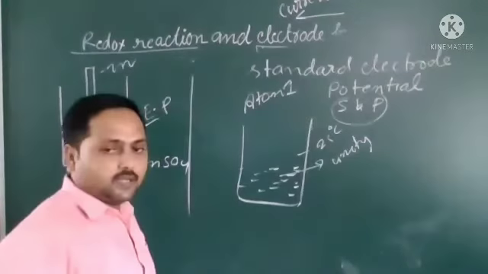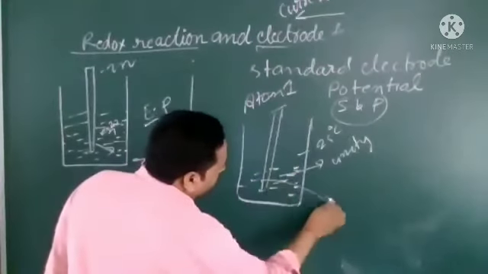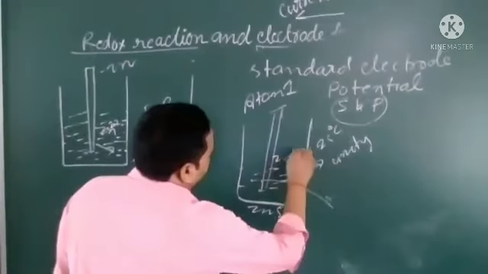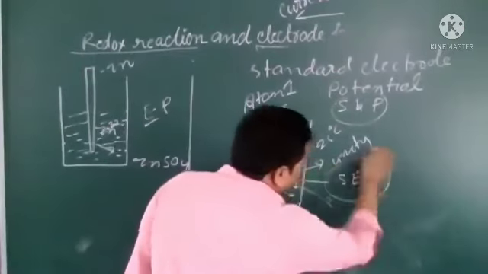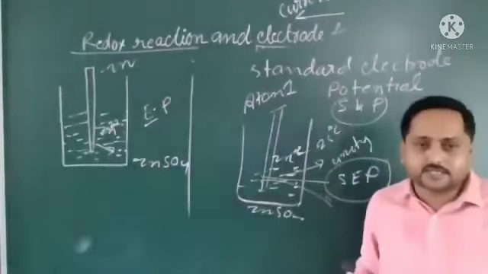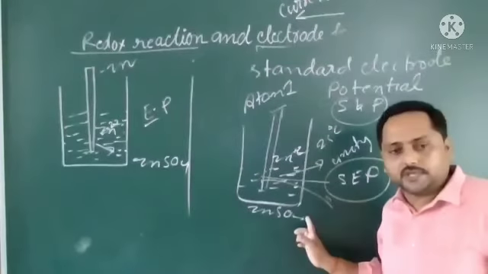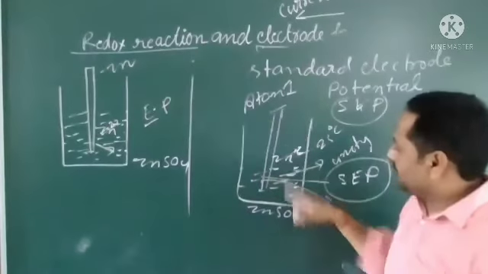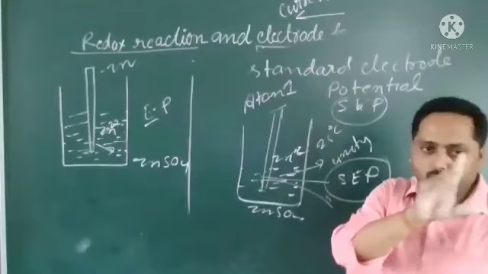When we dip a rod of zinc, the potential developed between the zinc sulfate solution and the zinc rod is known as standard electrode potential. These are the conditions: unit concentration of the salt solution, temperature 25 degrees Celsius, and atmospheric pressure 1 atm.